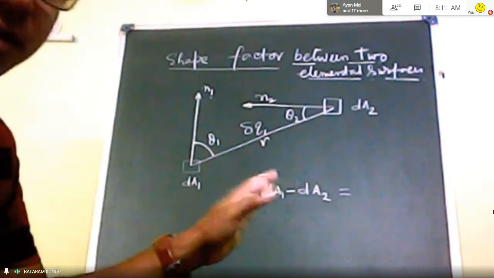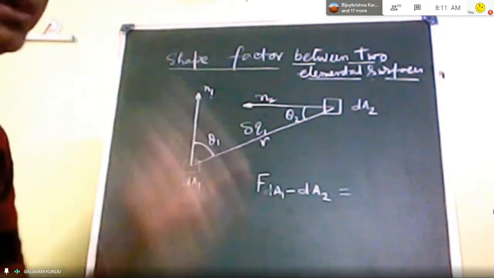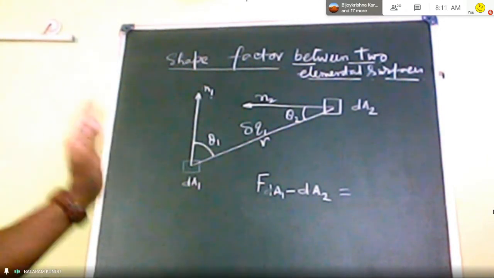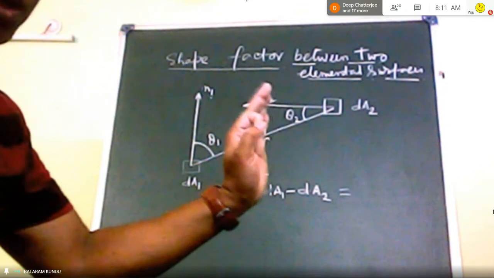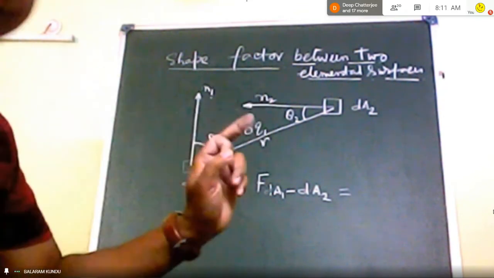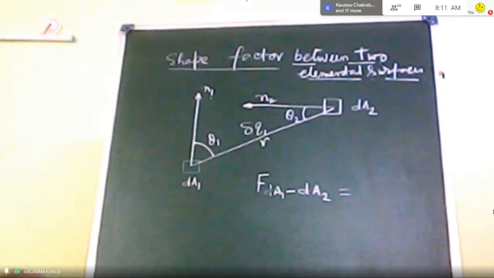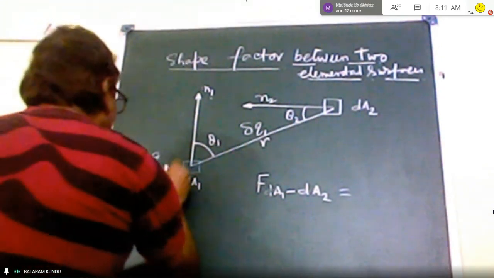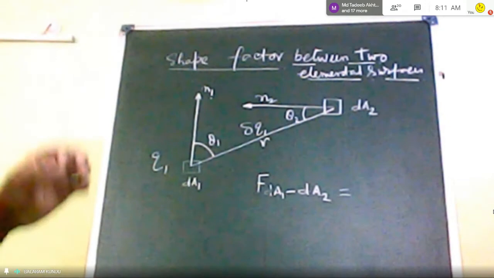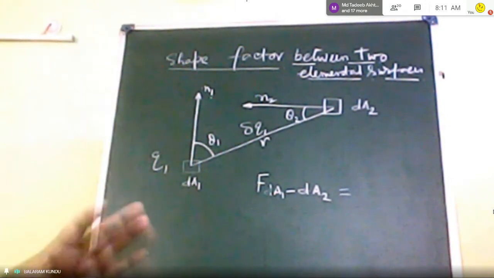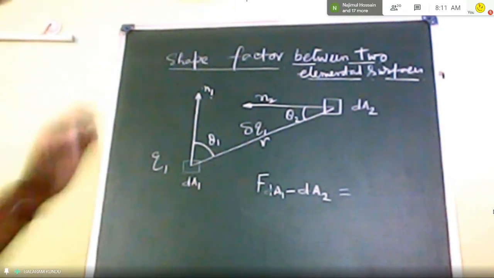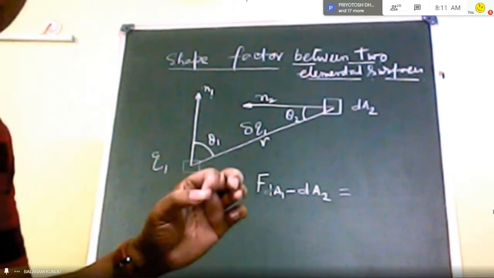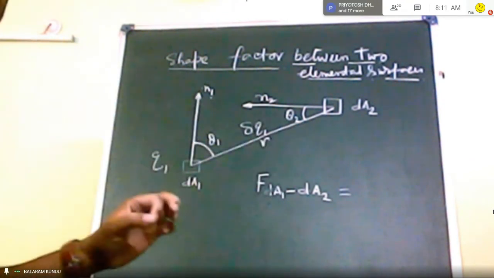And Q1 is the total amount of radiation energy emitted from the surface dA1 in all directions. So clear?